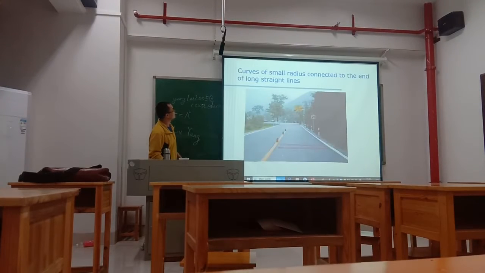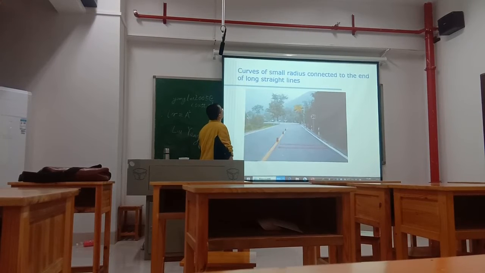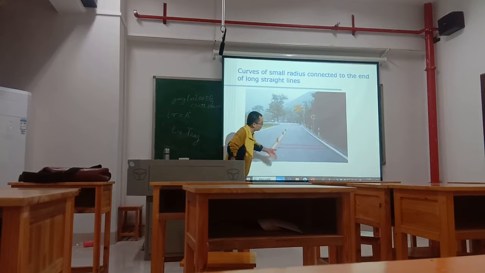This is an example of curves of small radius connected to the end of long straight lines. This is a long straight line, and this is a down slope or downgrade.